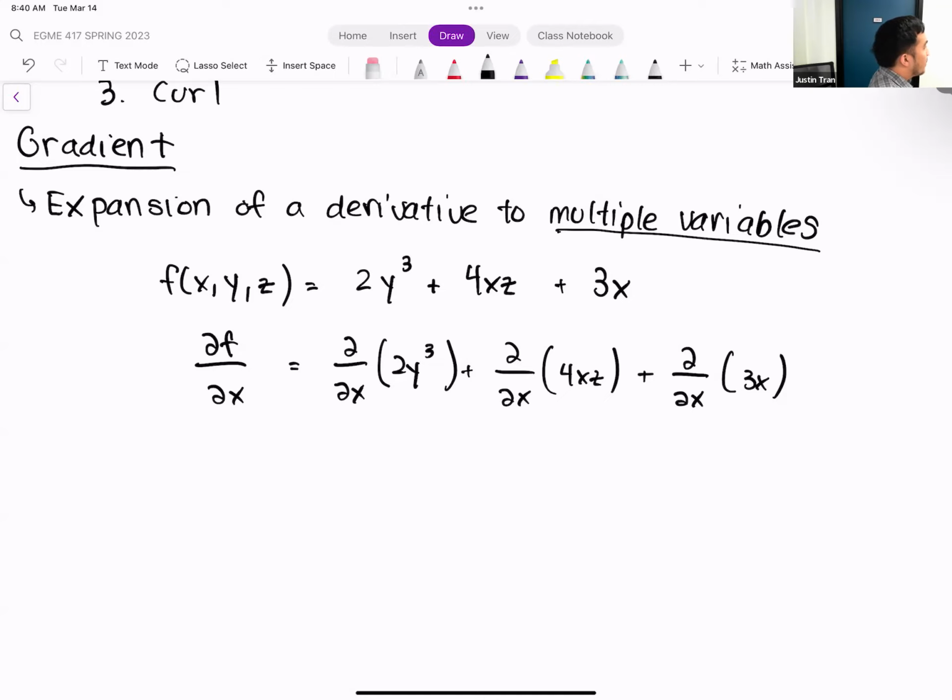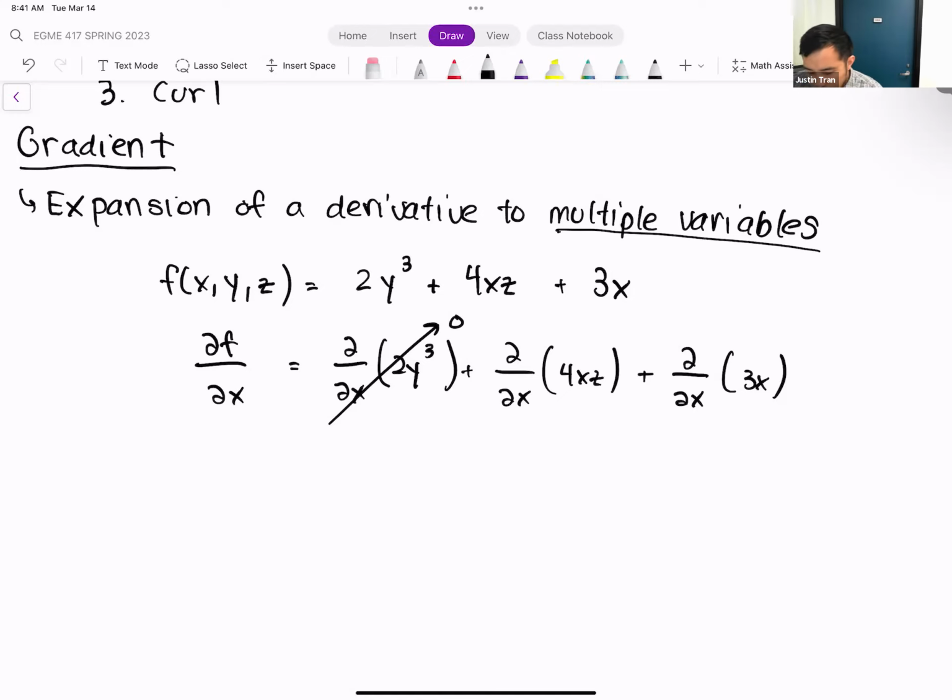First we have partial x of 2y cubed. There's no x in this expression. Even though y is one of our variables in this field, it's not x. So for all intents and purposes, when we take the derivative with respect to x, this just goes away. Even though y is a variable, when we take the derivative with respect to x, we treat it like a constant.